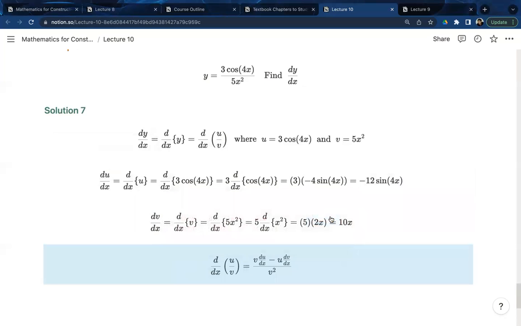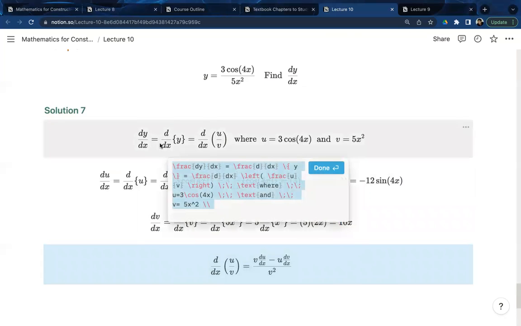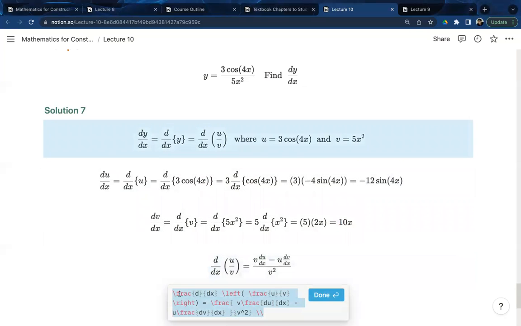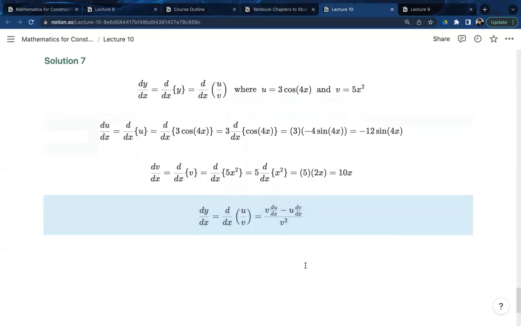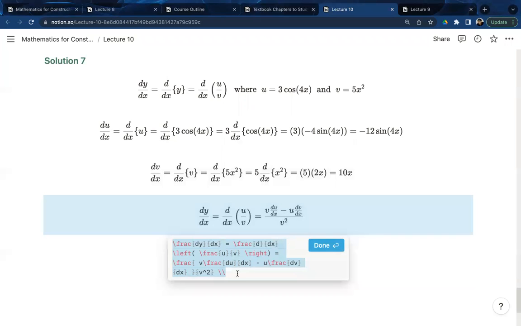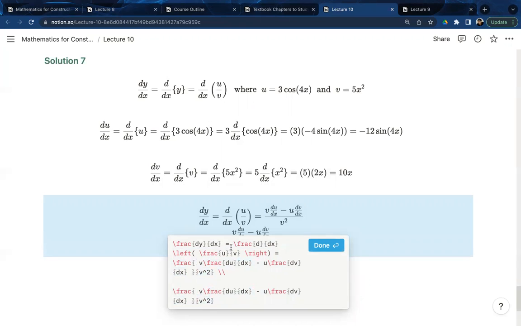Let us substitute now. So dy dx is the derivative of a fraction, which is that. Now we have to plug all of these things into this formula. So I'll take your time. Let's write a fraction and put dy dx equal to that.